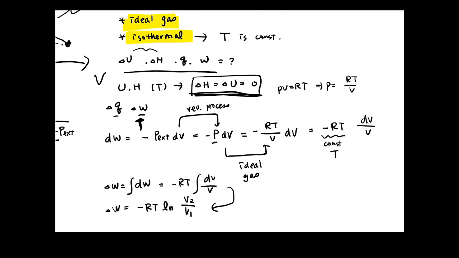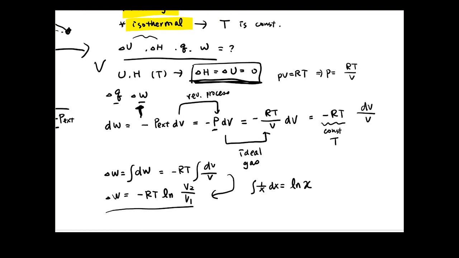Just in case you are not so familiar with it, the summation of 1 over x dx equals natural log x. So the work is negative RT natural log V2 over V1.